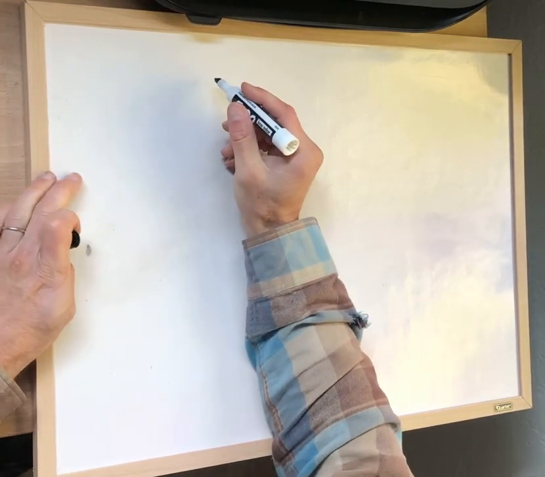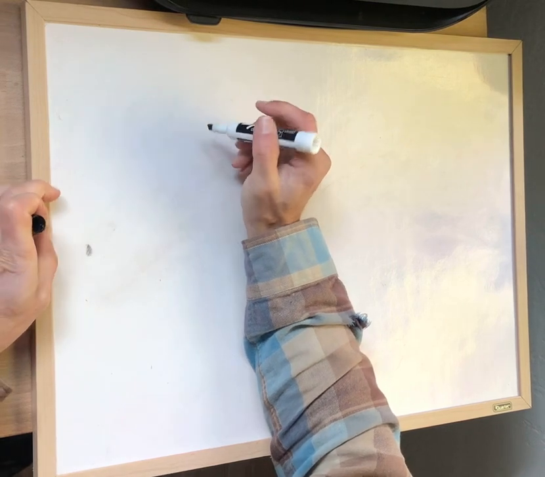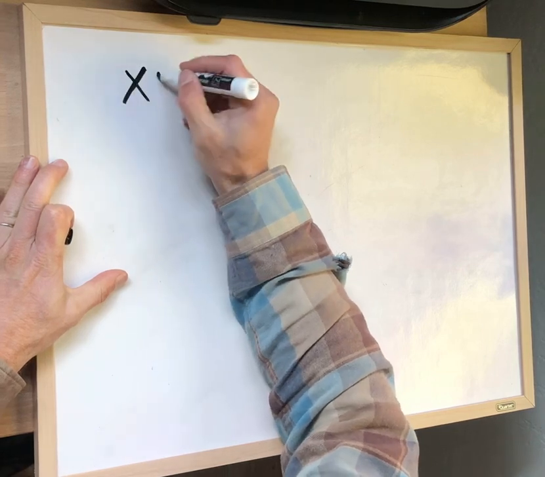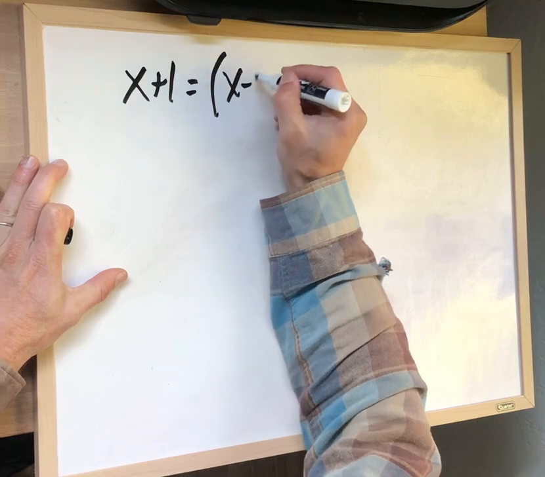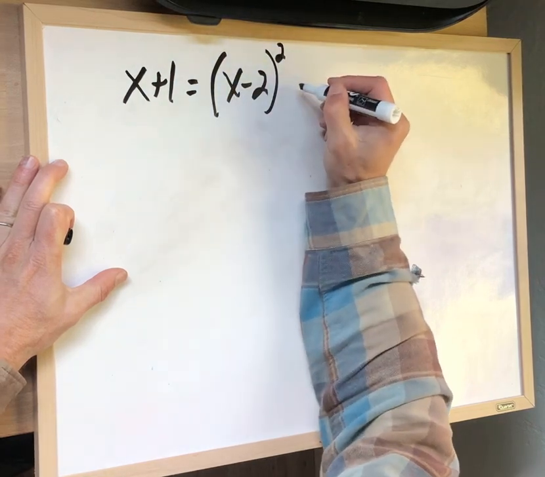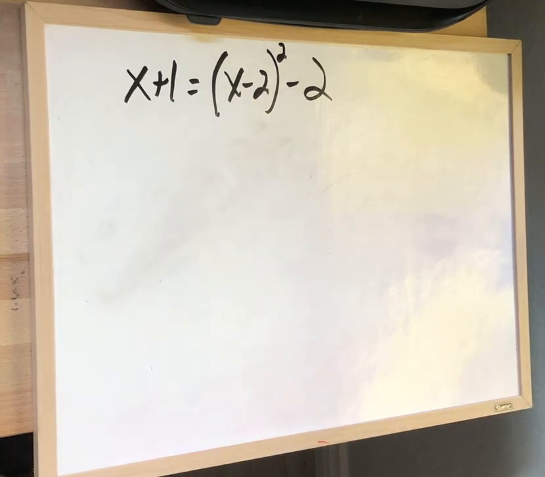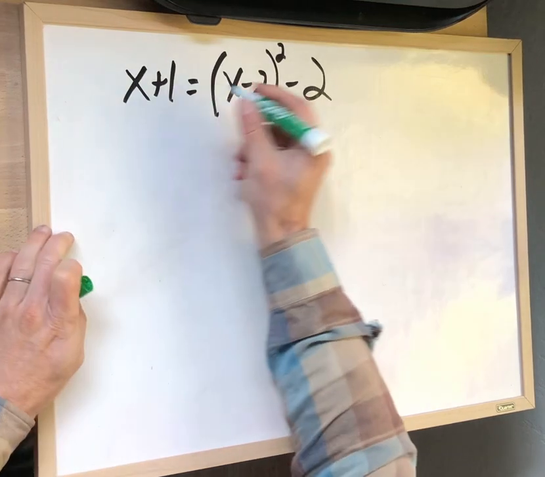We're trying to figure out where x minus 2 squared minus 2 equals x plus 1. So mathematically what I'm going to do is set x plus 1 equal to x minus 2 squared minus 2, and I have to solve for my x. I have to figure out what my x equals. Now it makes it a little difficult because I have a quadratic. So what you have to do is solve with the quadratic.